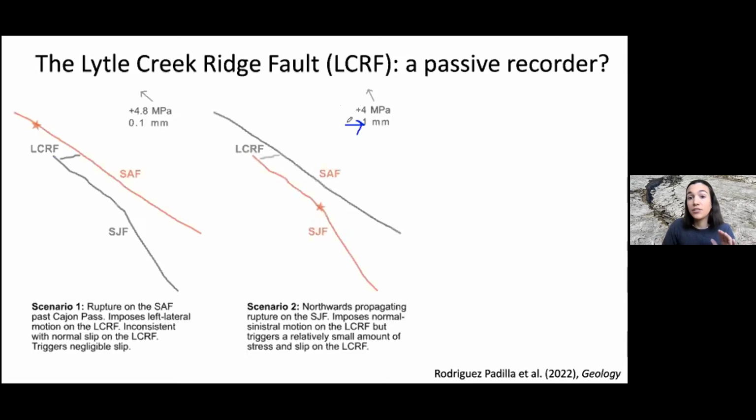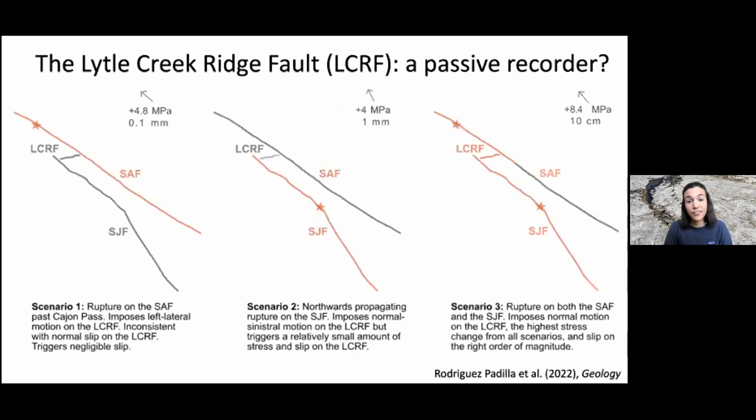It would not be distinguishable from our paleoseismic record. So different slip conditions, like larger slips or steeper slip tapers on the San Jacinto, may be able to trigger larger slip on the LCRF. It seems likely that we'll get an increase that's large enough to match what we're going to see in the trench next.